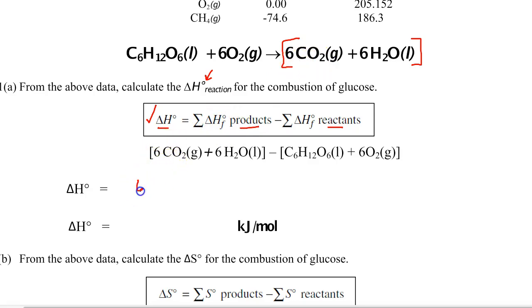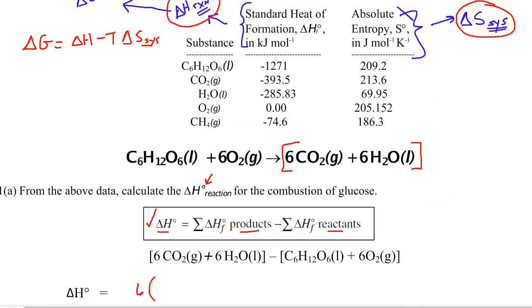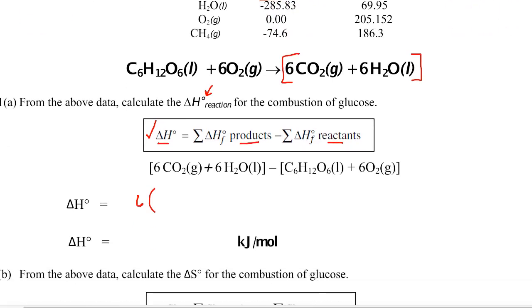So 6 times the heat of formation of CO2, and we look at our tablature. CO2 has a heat of formation of negative 393.5, and we put that in. And of course, we're going to add that because it's the summation, right, of 6 times, because the heats of formation are per mole of H2O liquid.